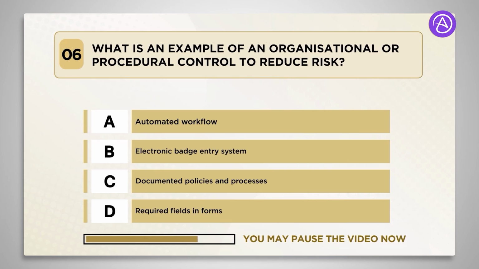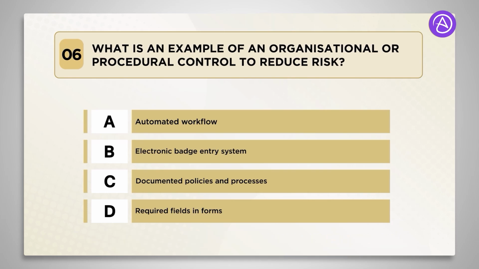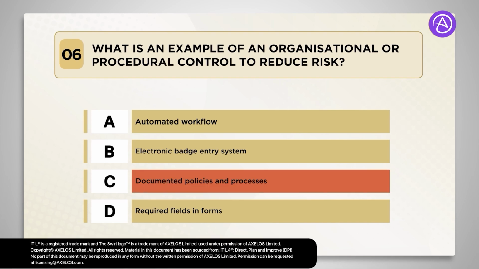Answer to the question, what is an example of an organisational or procedural control to reduce risk? The correct answer is C, documented policies and processes.